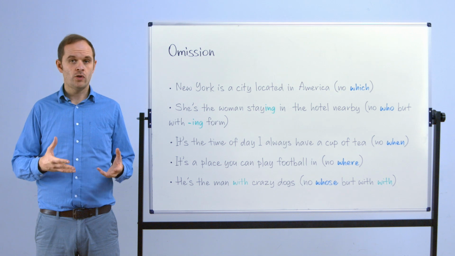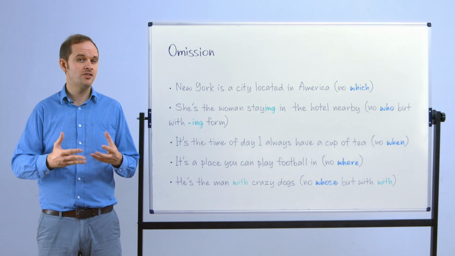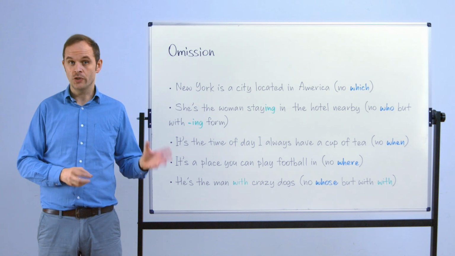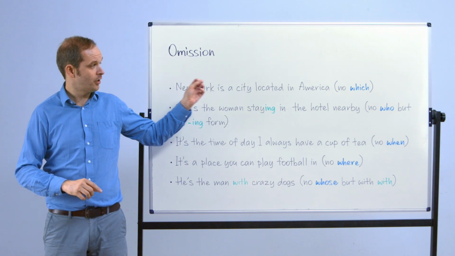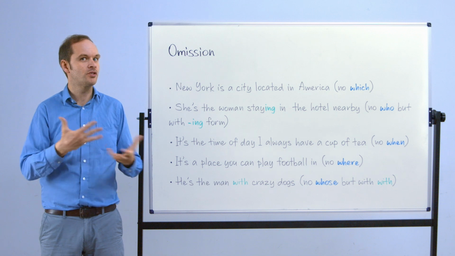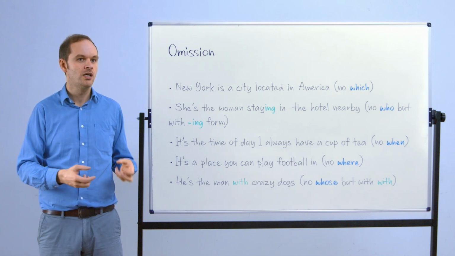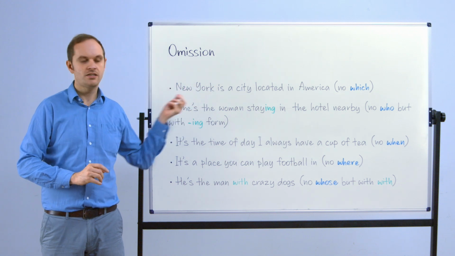Another feature of relative clauses, defining and non-defining relative clauses, is in sentences where you could use them, but you don't. Now, for example, New York is a city located in America. As you can see here, there is no which telling the person you're talking to or writing to specifically what New York is, but the information is contained in the sentence.